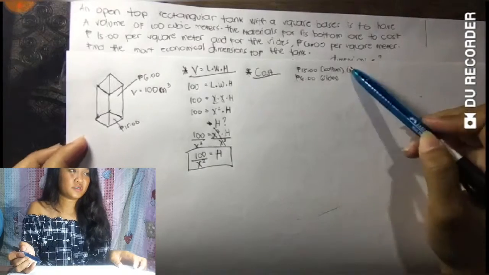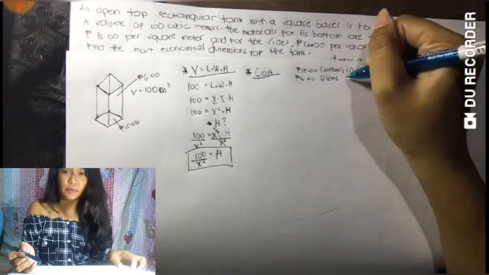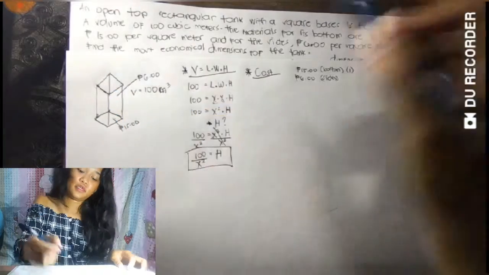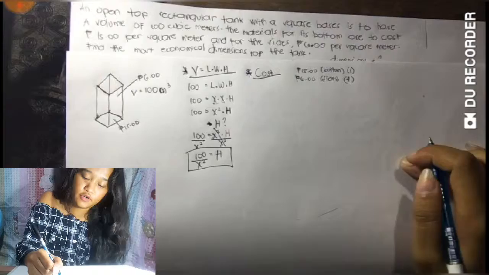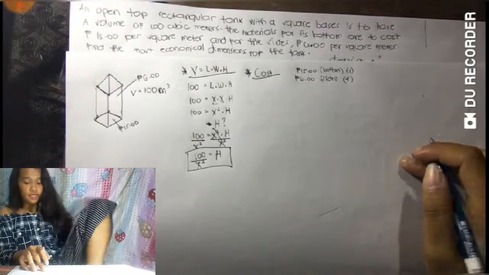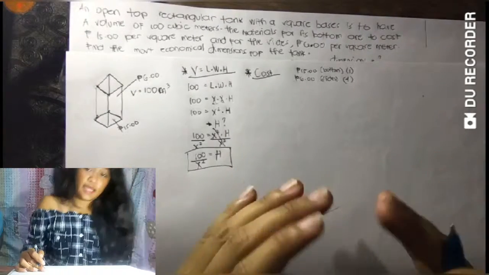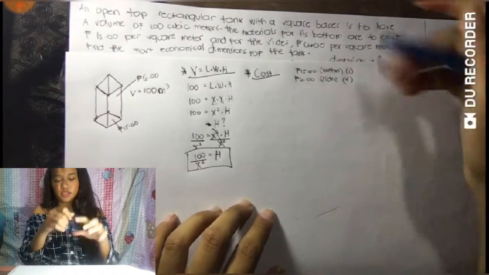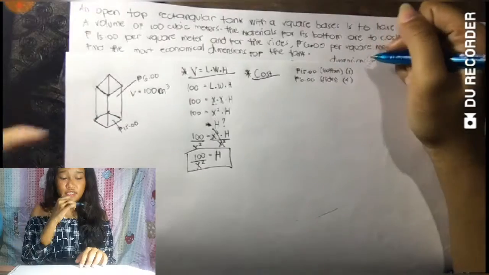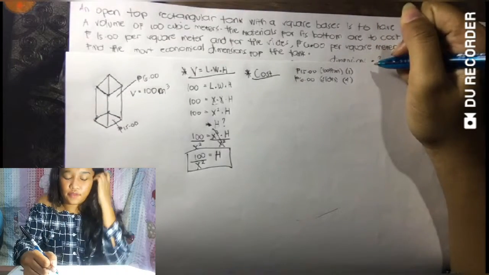But since it has an open top, let's not make everything complicated. Let's just put it 1. And for the sides, we have 1, 2, 3, 4. We have 4 sides. These are the sides of the tank. Just imagine, it's going to be a rectangular one.